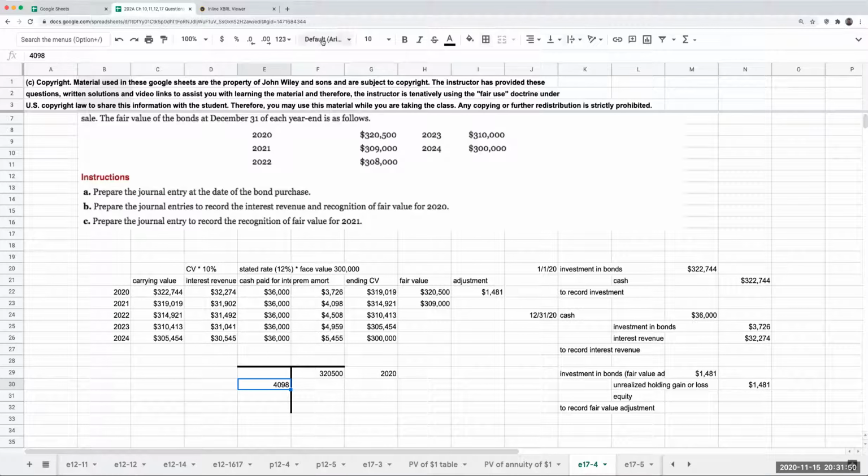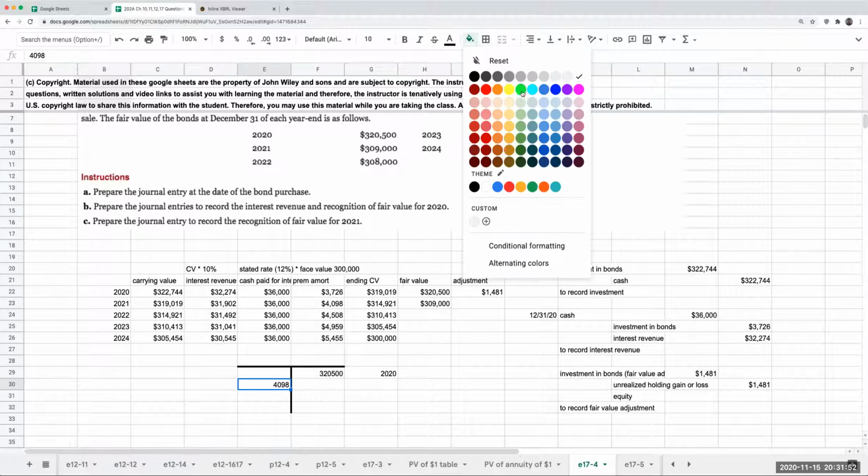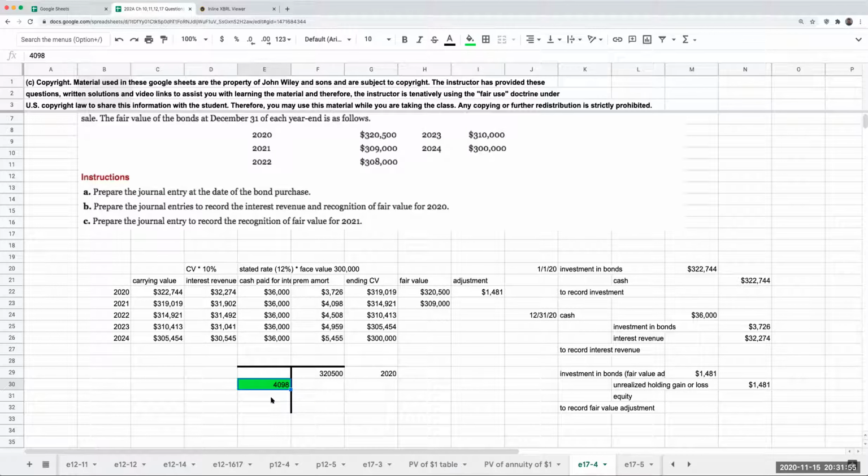So I amortized it when I did the interest calculation. So my bonds value after this was going to be 316,402. Now notice this. This ending carrying value is different, right? And it's because this is just the normal bond amortization.